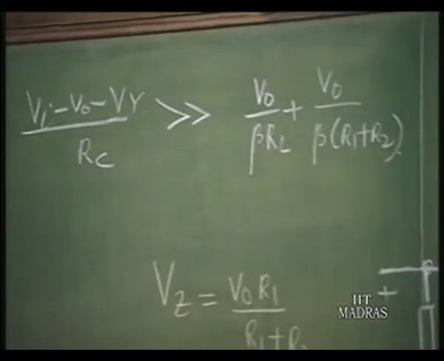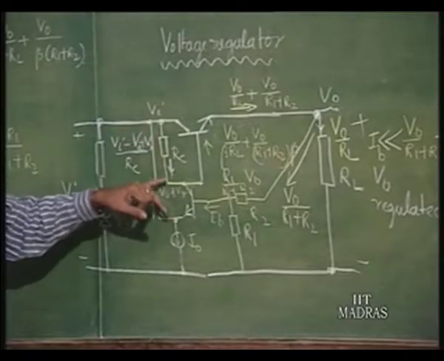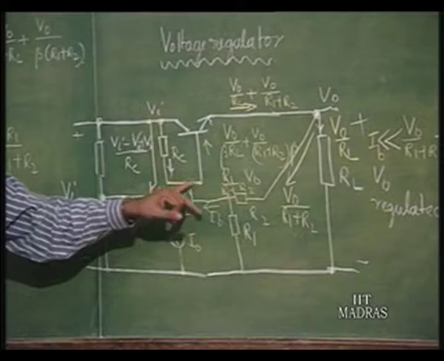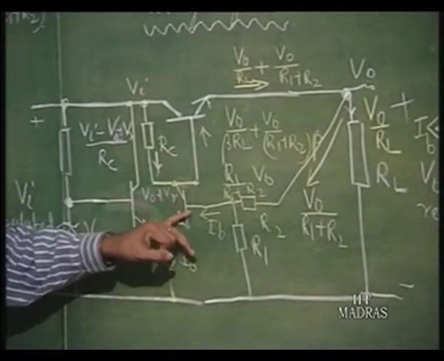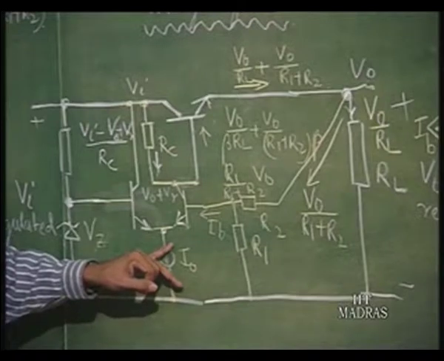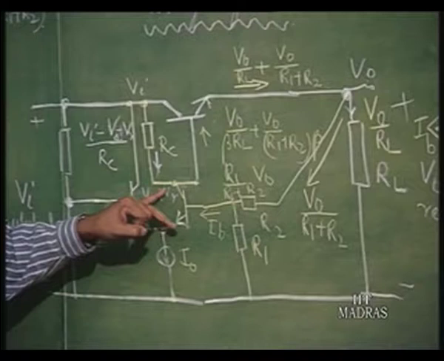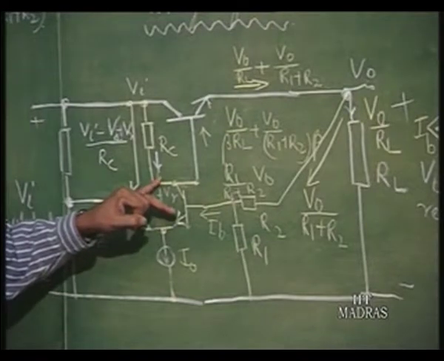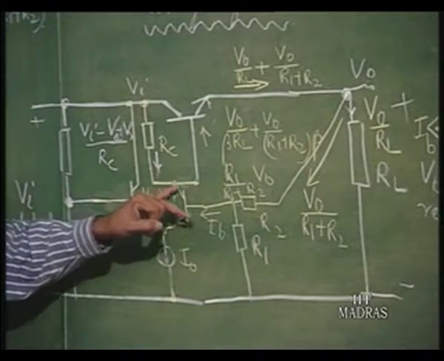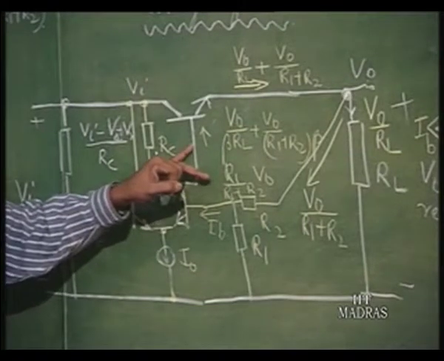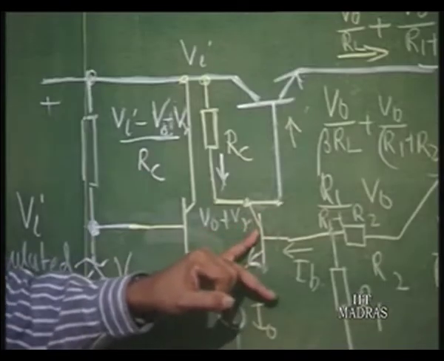Now, by how much greater? In the sense, this current should be capable of supplying this current, and also there should be some current left out for this transistor to be in the active region. That means, this current should not go too high or too small. It should be high enough so that it can give some current to this and some current to this, so that this transistor does not go off.